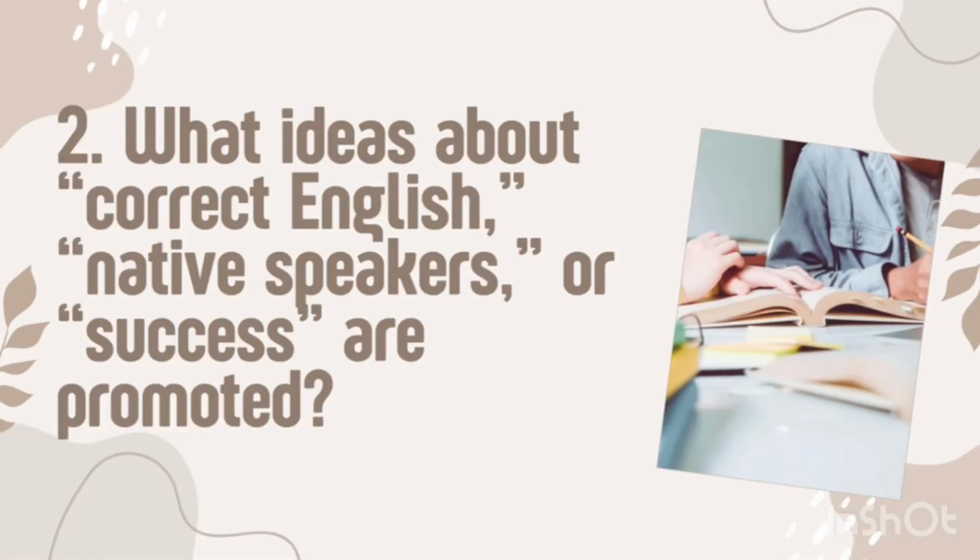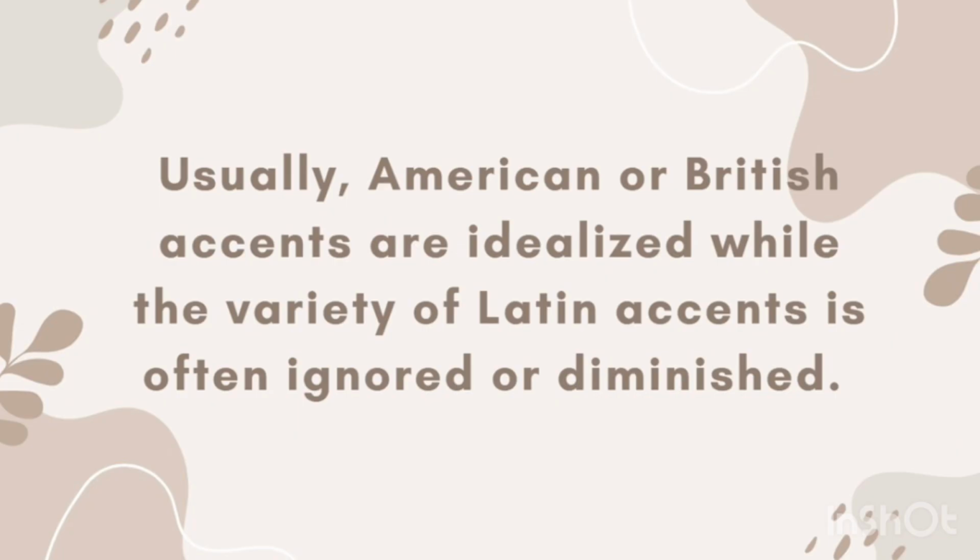Number 2. What ideas about correct English, native speakers, or success are promoted? Typically, formal grammar rules, proper pronunciation, or American or British accents are idealized. The variety of Latin accents is often ignored or diminished, and this has a significant impact on identity, as students may develop feelings of inadequacy or shame if they speak a different variety.